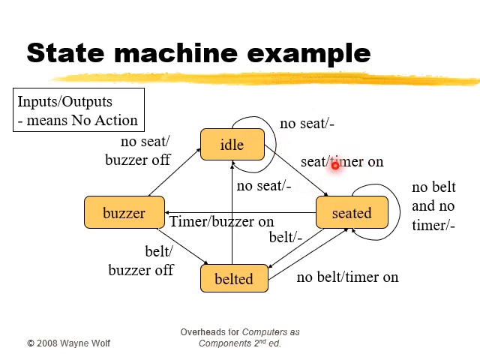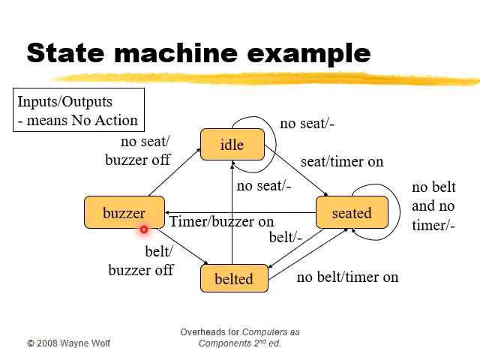When it's seated, the timer will turn on. If it's seated and there is no belt and no timer, we will do nothing. If a person is seated and the time has gone, so timer on and buzzer, it will go to the buzzer state.